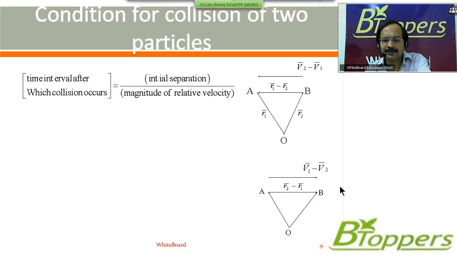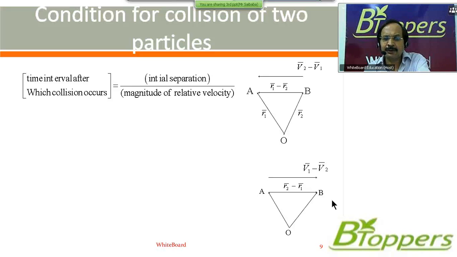R2 bar minus R1 bar is equal to the directed line segment AB bar, which acts from A to B. So the direction of V1 bar minus V2 bar is the same as the direction of the vector difference R2 bar minus R1 bar. That means the velocity of the first particle with respect to the second particle is directed along the line AB. That means away from the first particle towards the second particle.